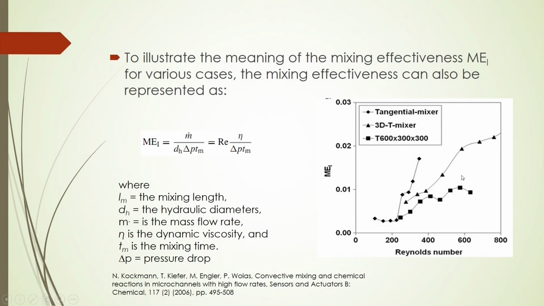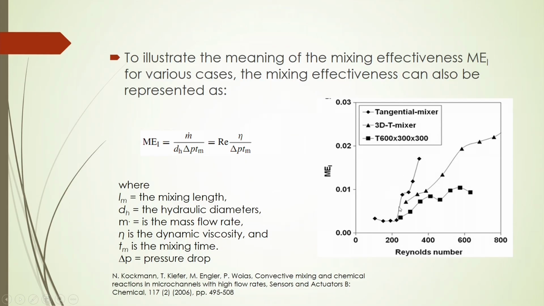And you will see there Kockmann et al. 2006 compared different mixers based on the Reynolds number, and the effectiveness of mixing increases with the Reynolds number. Of course, a higher flow rate will give you more mixing.